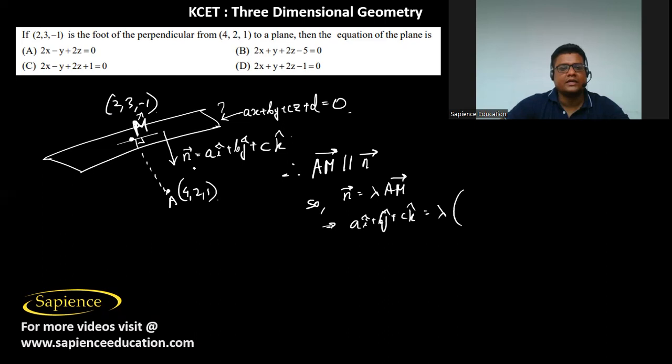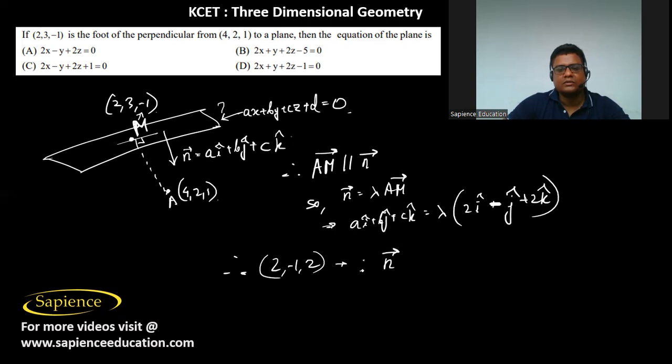So a i cap plus b j cap plus c k cap is equal to lambda times the AM vector. The AM vector will be equal to 4 minus 2, that is 2 i cap, plus 2 minus 3, that is minus j cap, then plus 1, so plus 2k cap. So we can take the direction ratios as 2, minus 1 and 2 along the normal.